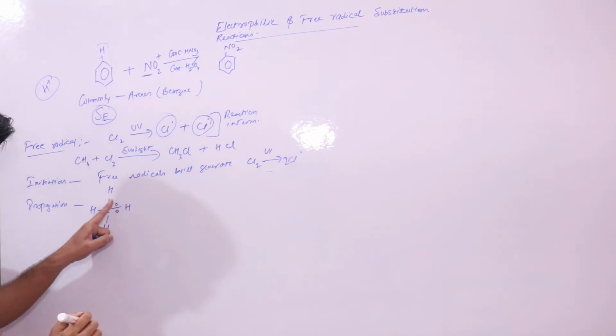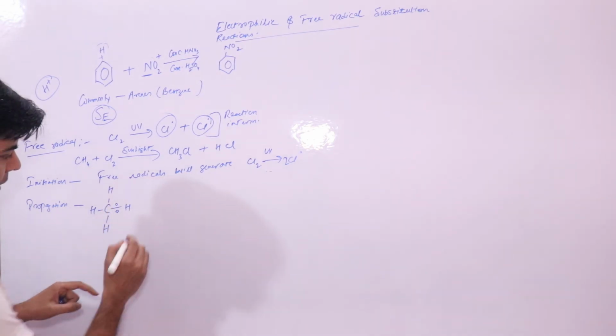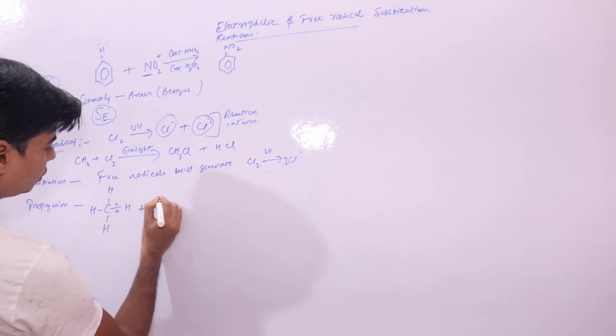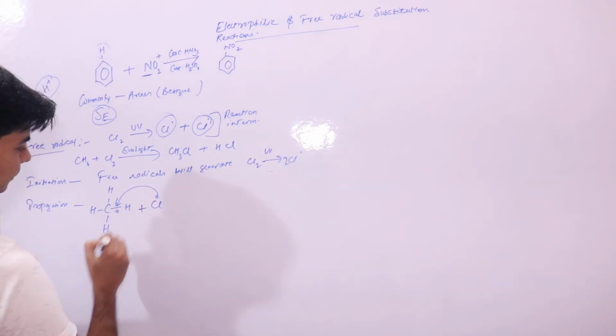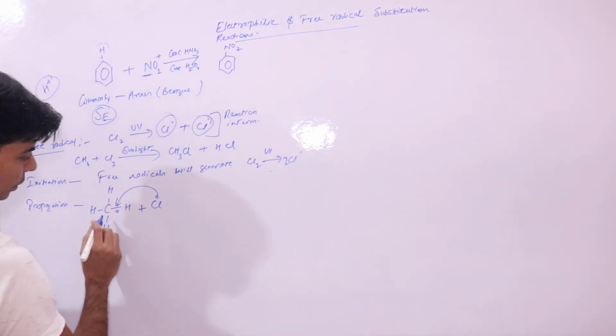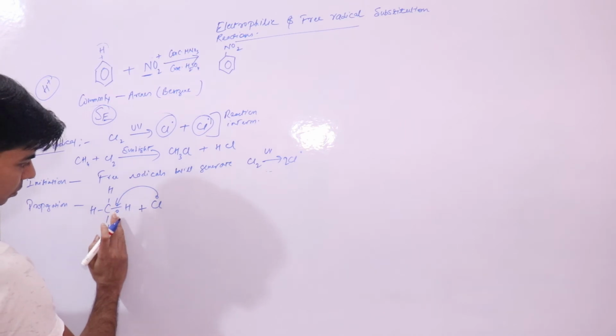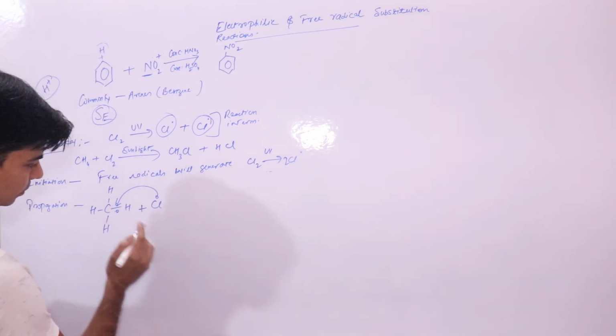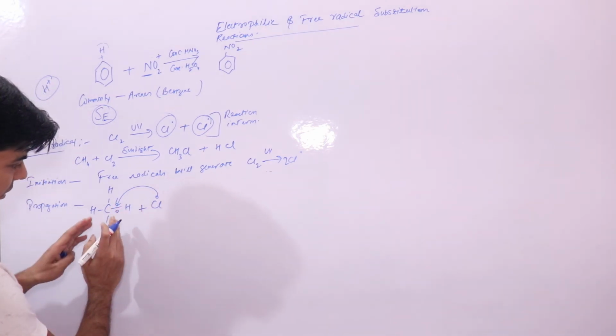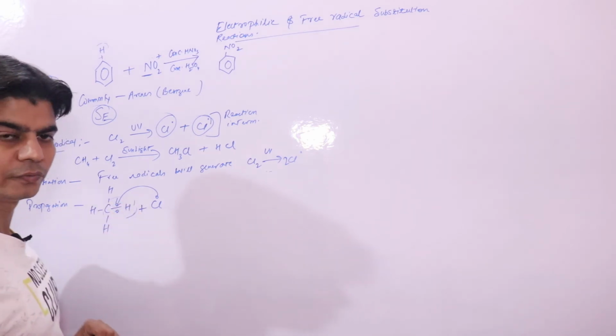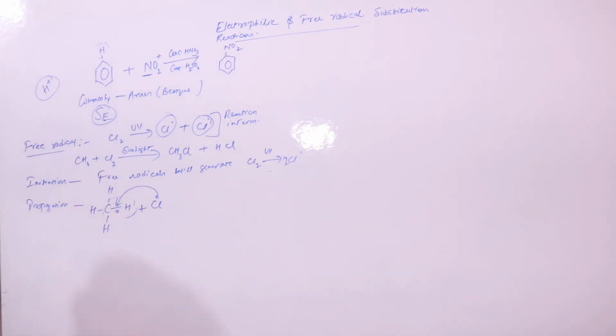This bond is nothing but a pair of electrons, so when chlorine attacks, it removes hydrogen, and this is a homolytic bond fission.